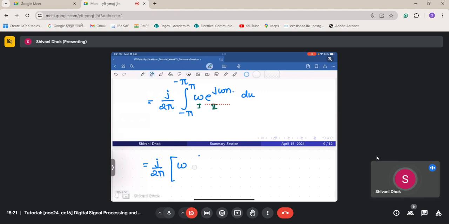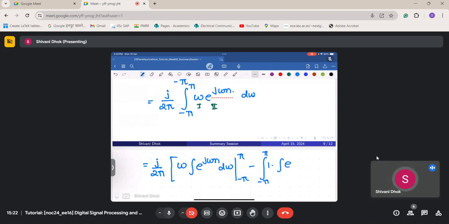Let me just write it appropriately. Integral of e power j omega n d omega ranging from minus pi to pi, minus integral from minus pi to pi of the differentiation of the first function, that is 1, into the integral of e power j omega n d omega.